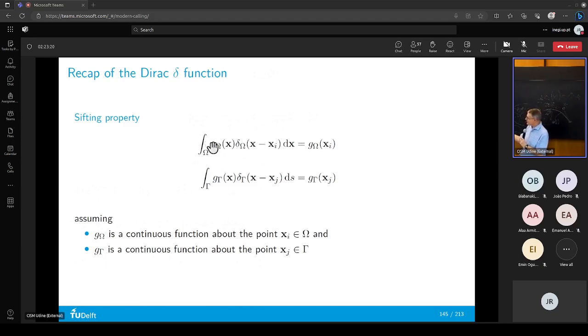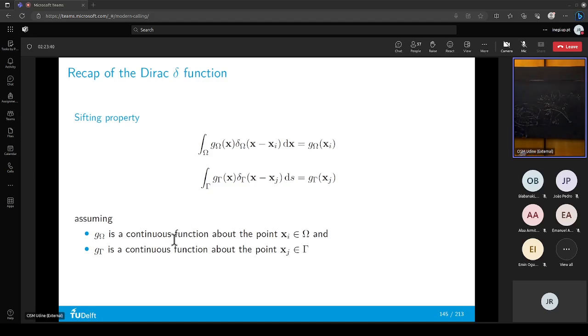Then this whole integral boils down to evaluating the continuous g at the point xi. The same holds at the boundary. The only requirement is that the function should be continuous.